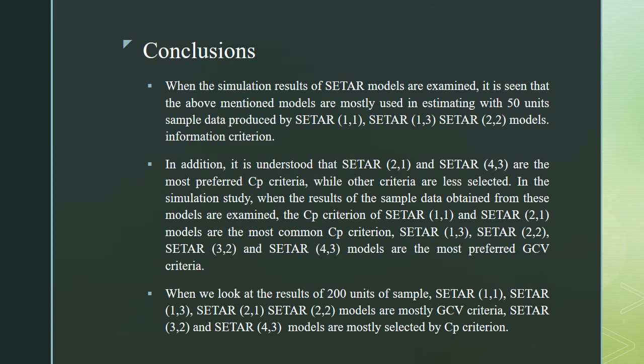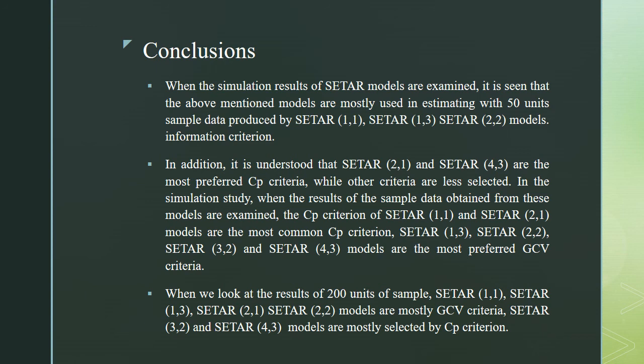In the simulation study, when the results of the sample data obtained from these models are examined, for the CP criterion, the SETAR11 and SETAR21 models are the most common. SETAR13, SETAR22, SETAR32 and SETAR43 models are the most preferred by generalized cross-validation criteria.